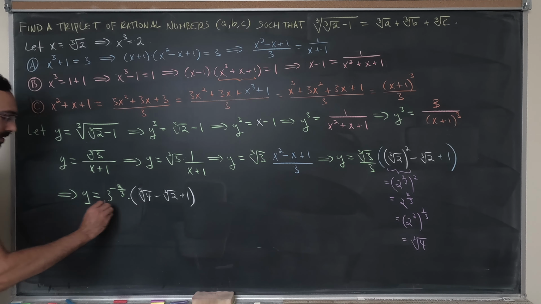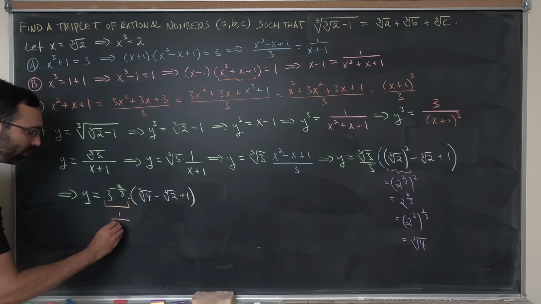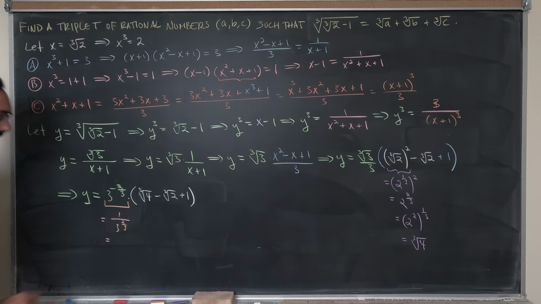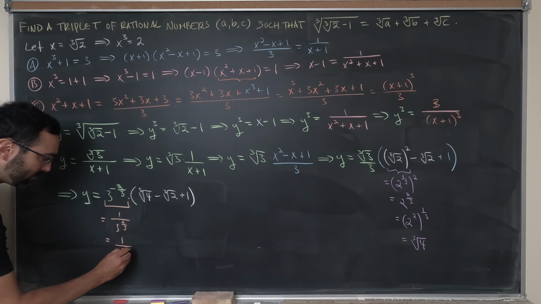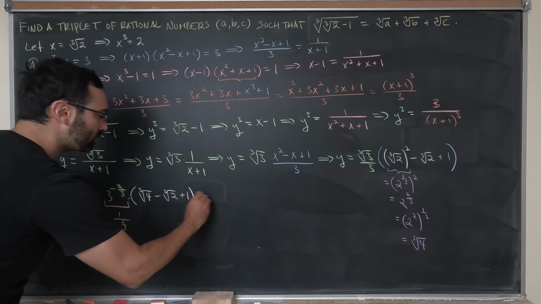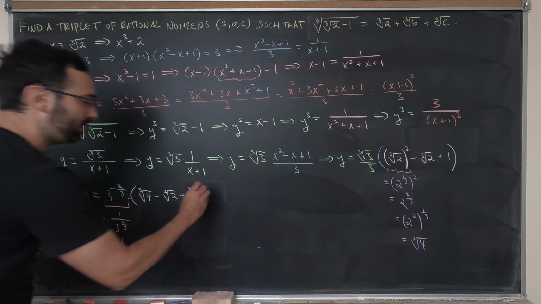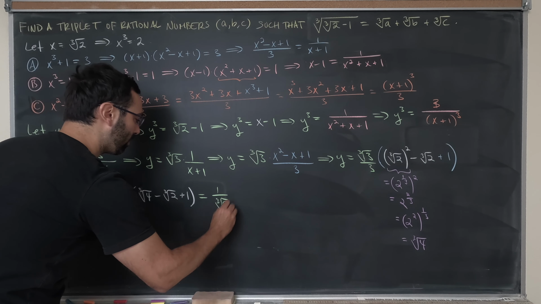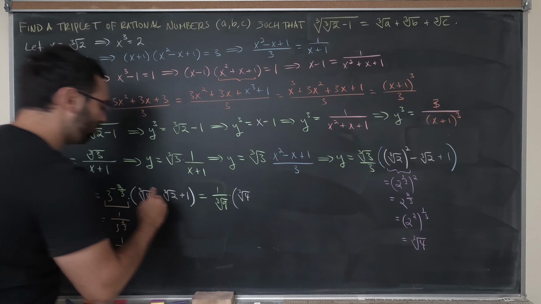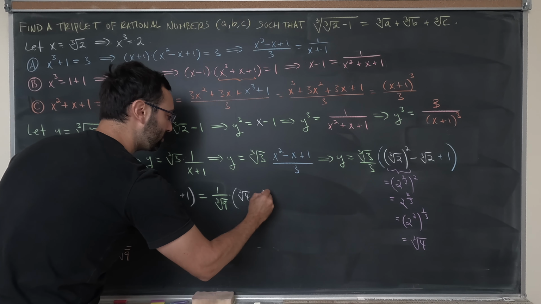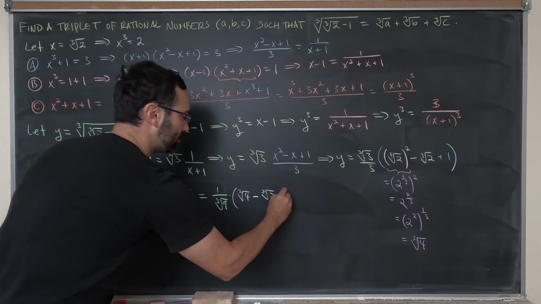But this is nothing more than 1 over 3 to the power of 2/3. And that's the same thing as 1 over 3 squared to the power of a third, or in other words, 1 over the cube root of 9. So y equals 1 over the cube root of 9 times the cube root of 4 minus the cube root of 2 plus 1.